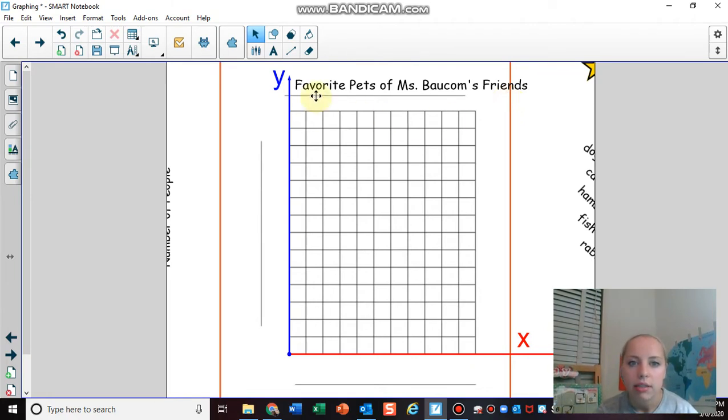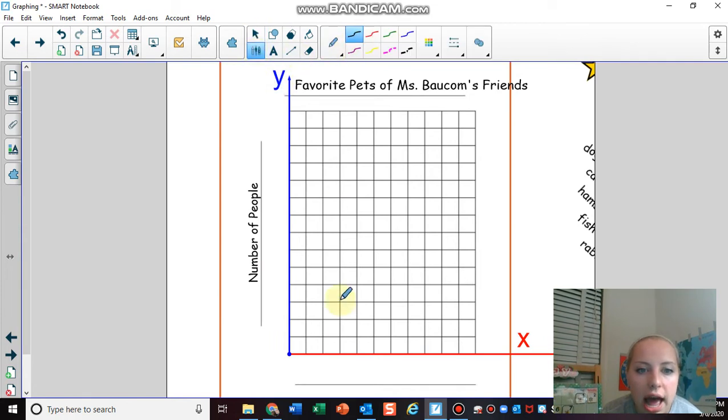On the y-axis, we label it number of people, because we want to see the number of people that voted for the categories along the x-axis.